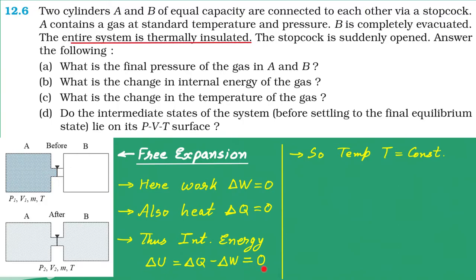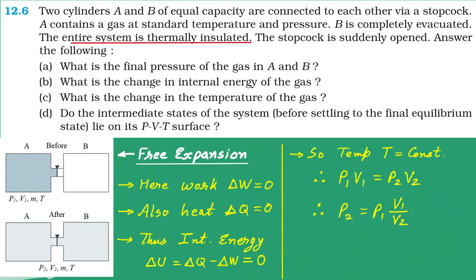Delta U is 0. That's why temperature is going to be constant. Now because temperature is constant, PV will also be constant. So we can write P1 V1 is equal to P2 V2. And so I can find P2, and P2 can be written as P1 times V1 upon V2.